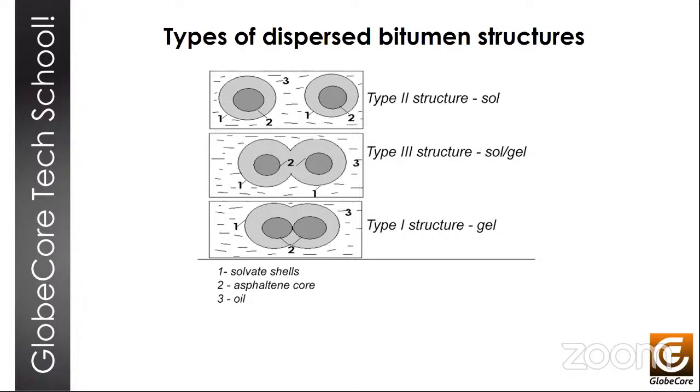The structure of type 3 bitumen is considered optimal for road construction. This type of bitumen does not have any obvious disadvantages that are common to type 1 and 2. Grades of road bitumen that correspond to the type 3 are recommended for use in all roads and all climatic zones. The introduction of a reactive surfactant into bitumen of structural type 2 can lead to the transformation of that structure into type 3, so that can be changed. Next slide, please.